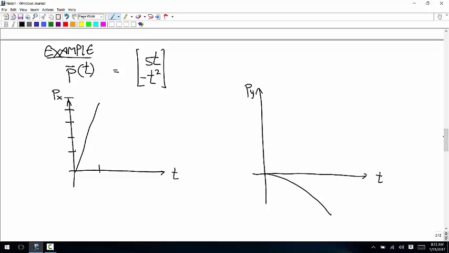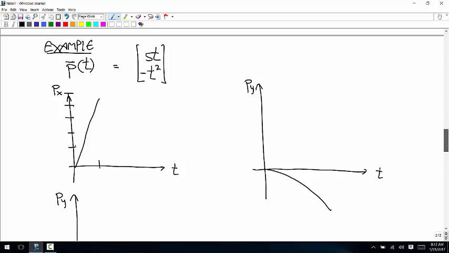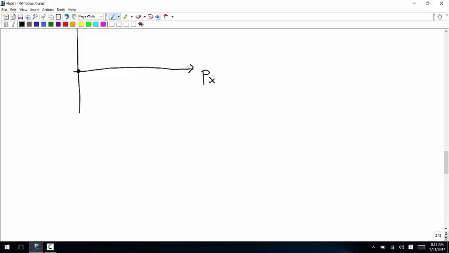And then the last thing we can do is show the path the object follows with px on the horizontal, py on the vertical. And for this one, you can just plot points. What's the position vector going to be when time is equal to 0? 0. It's going to be right at the origin.